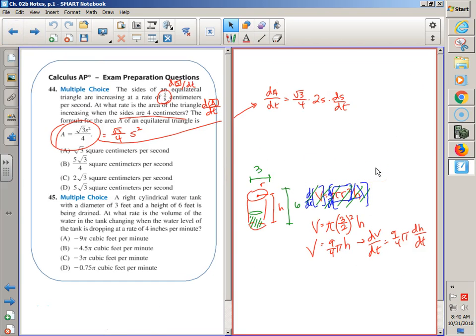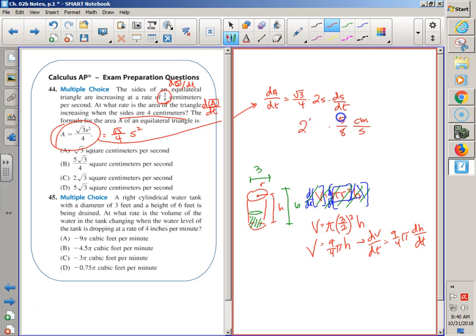So for number 44, I rewrote it, so much easier if that's just a constant. I took the derivative, and then we were supposed to plug in. So the side's increasing, that was d what rate? Remember d what dt? ds/dt. So then we would plug in 5 per second.